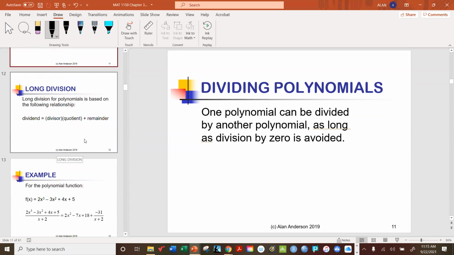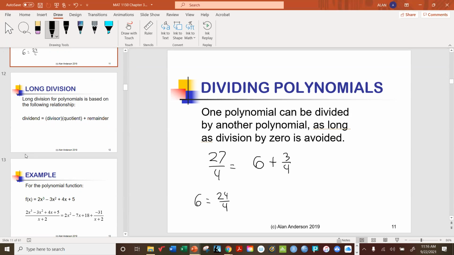Normally, when you do a division like this, let's say, for example, you take 27 and divide by 4. Well, clearly 27 is not divisible by 4, but what you can do is write this as 6 plus 3/4 because 6 is 24 over 4.